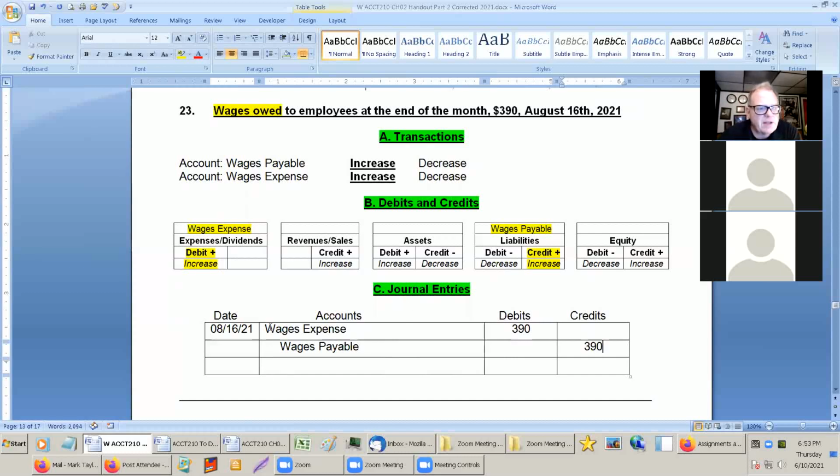And again, this happens all the time. Some companies will have it daily, but a lot of times it'll be weekly or monthly or whatever. Those are very common ones. You get kind of used to these. And by the way, another thing you kind of notice here is expenses will oftentimes go with liabilities.